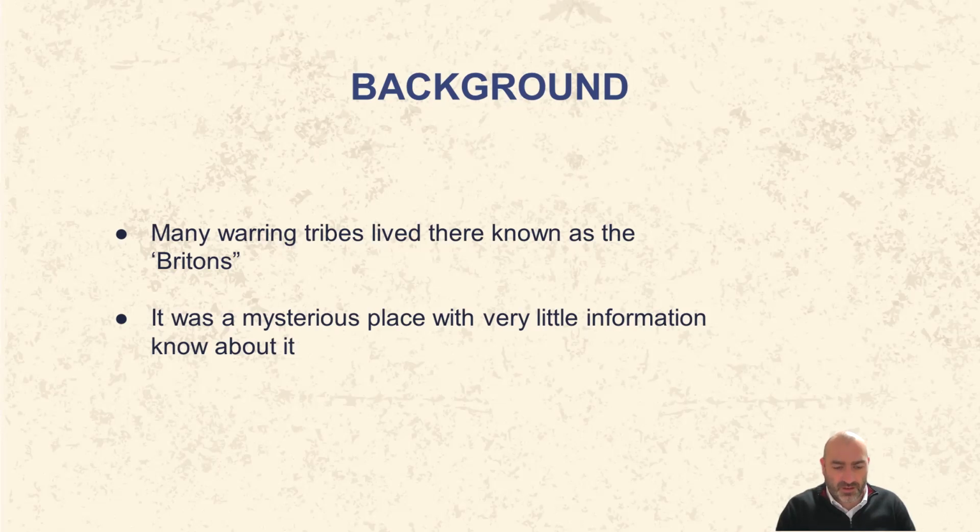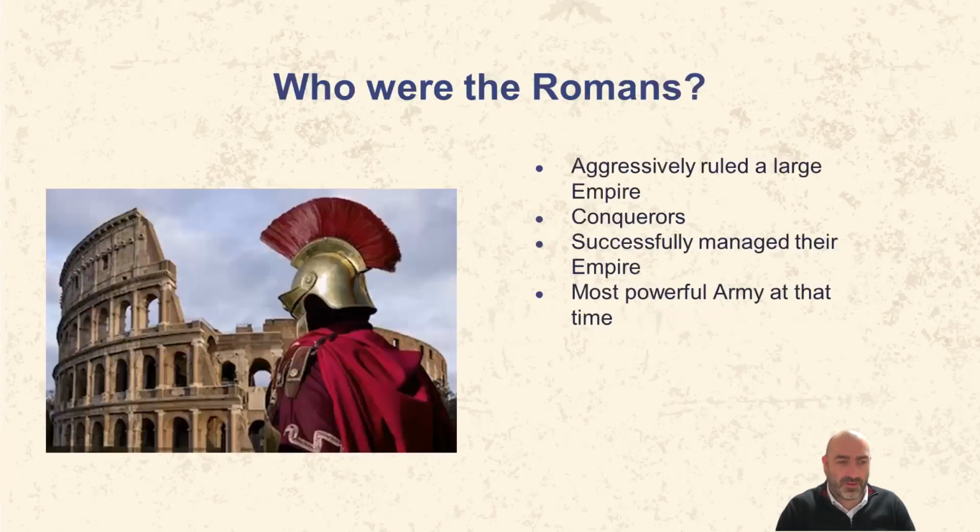Okay. Who were the Romans? So the Romans were originally from Southern Europe in what is now known as Italy, but really they ruled a vast amount of land, including most of Western and Southern Europe. They're actually one of the largest empires to ever exist.